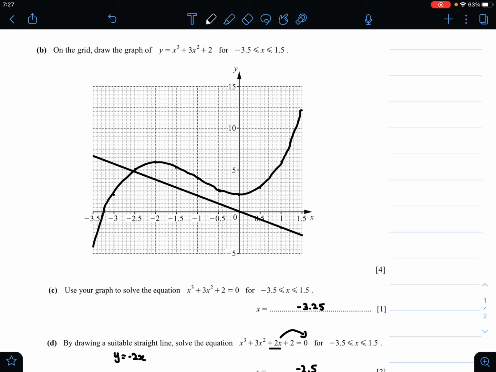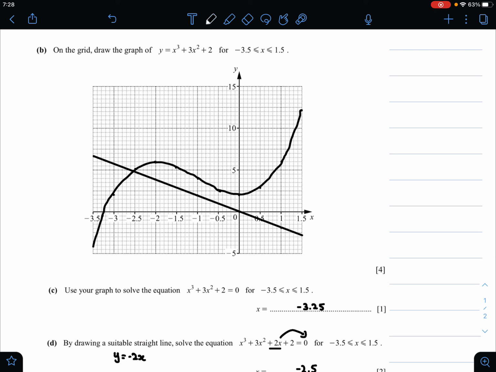So we have to see which integers we can plot on the graph that will give us three intersections of the curve. The lowest part over here is at the point 1 and 2.